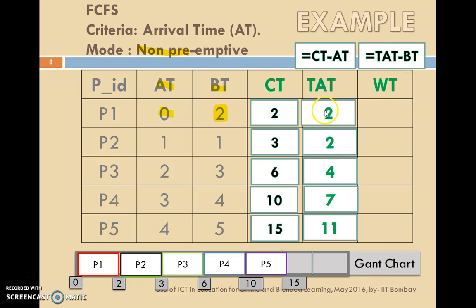For P1, the turnaround time is 2, and 2 minus 2 gives a waiting time of 0, because the process came and we scheduled it immediately. Likewise, process 2 has 1, process 3 has 1, and processes 4 and 5 have 3 and 6.